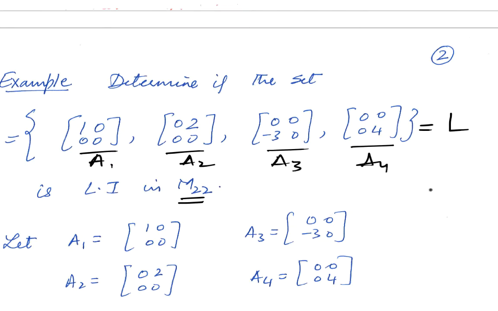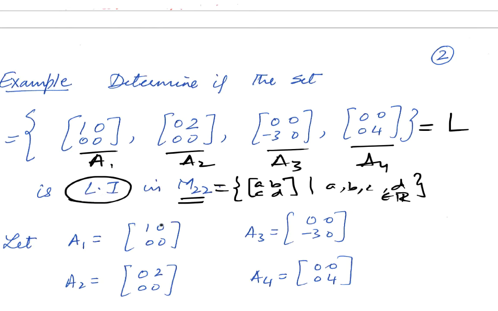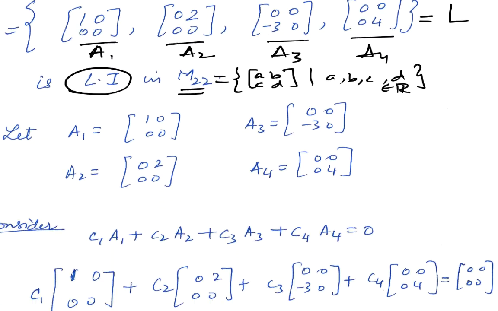Now, I want to determine if it is linearly independent in the vector space M22. If you've forgotten, M22 is the vector space which consists of all possible matrices of size 2 by 2, and we have proved that this is a vector space. The question is not to prove, I want to know whether it is linearly independent. So what is the definition of linear independence?